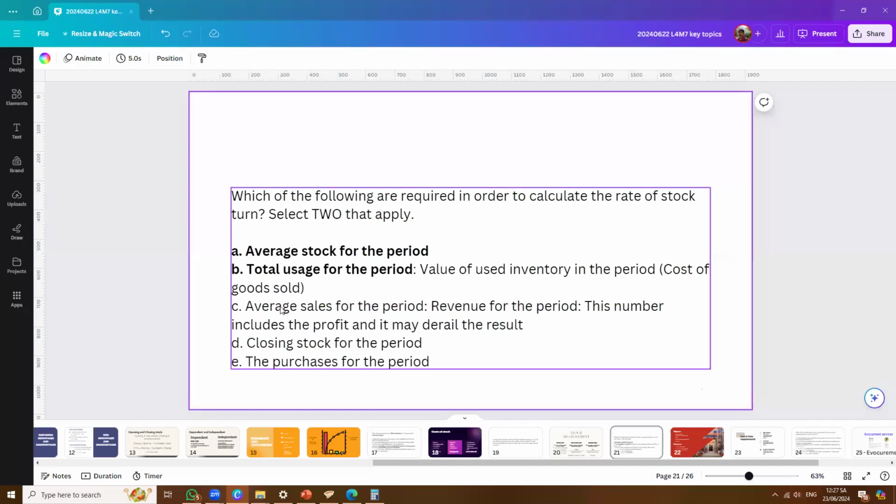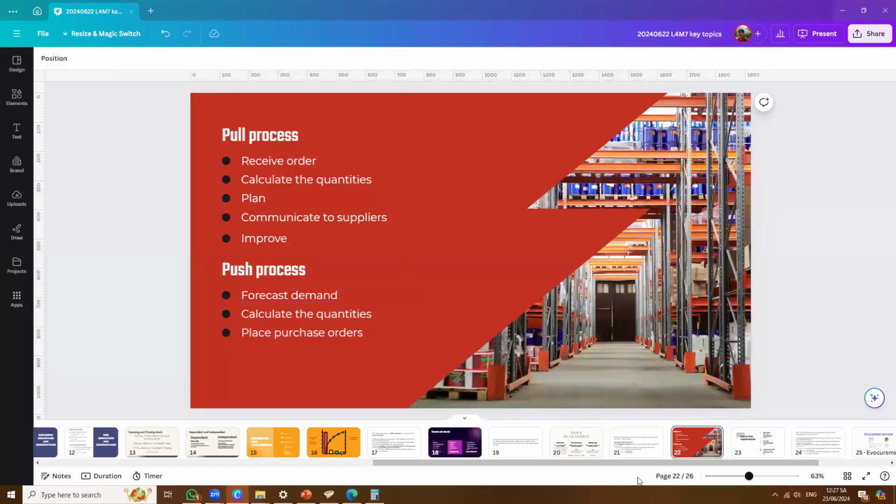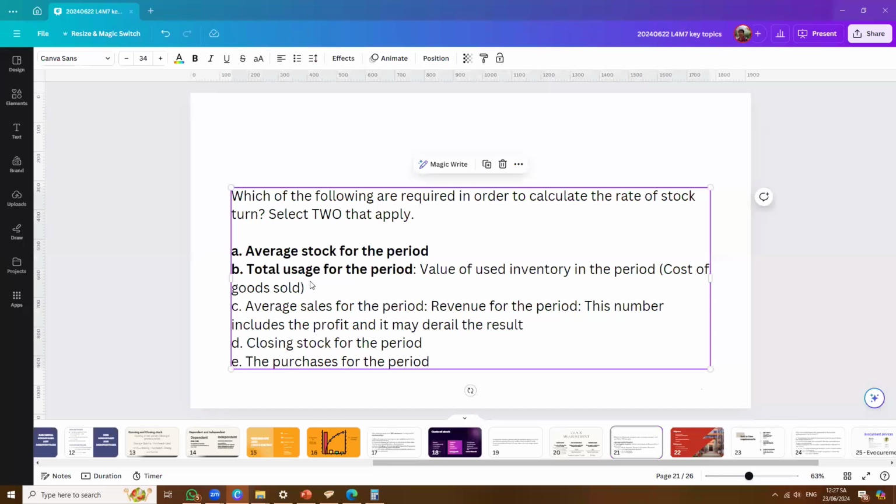So C is incorrect because it is simply a different figure from the financial report. We need to look at the right figure here, the cost of goods sold or the total usage for the period.